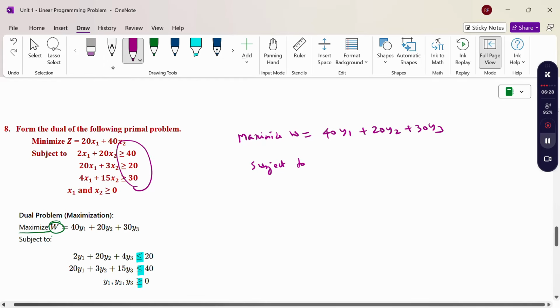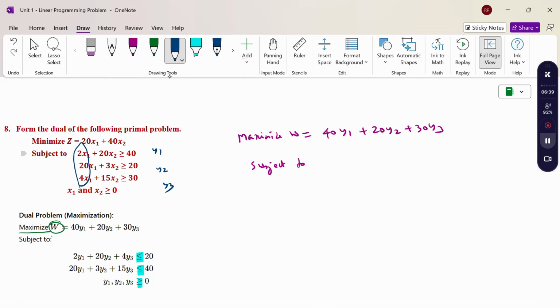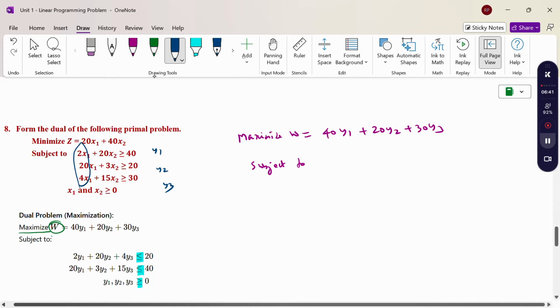So what are the constraints here? 2y1 plus 20y2 plus 4y3, then 20y1 plus 3y2 plus 15y3.